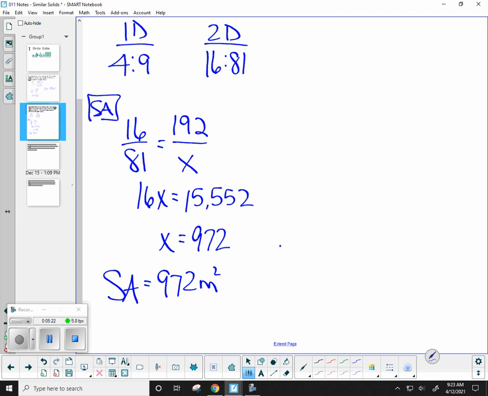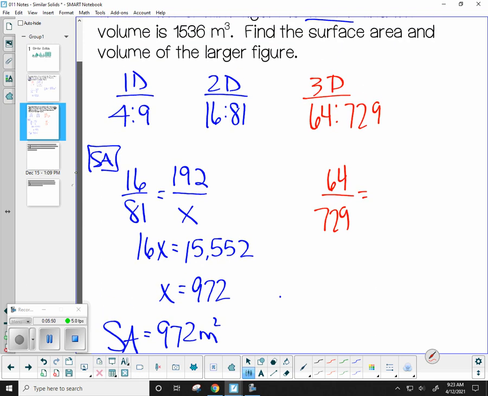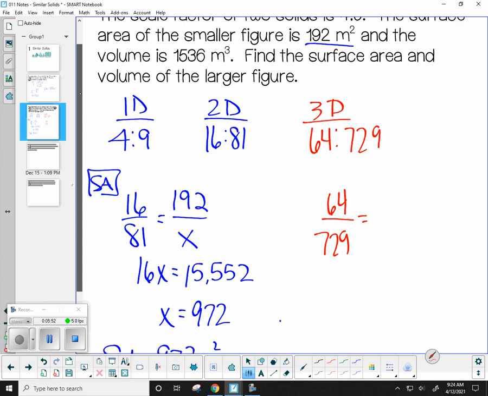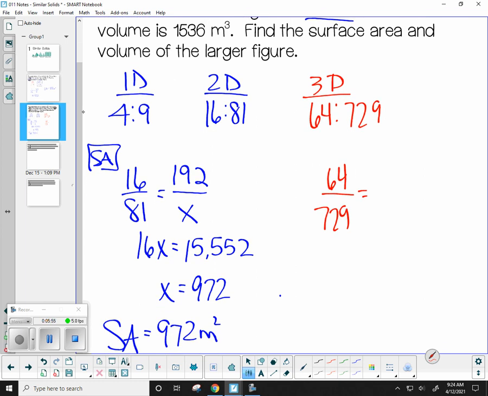Okay, they also wanted us to find the volume. So I need my three-dimensional ratio. So what is 4 cubed? 64. What is 9 cubed? 729. Good. So that is my first fraction for my ratio. All right, and it tells us that the volume of the smaller figure is 1,536.